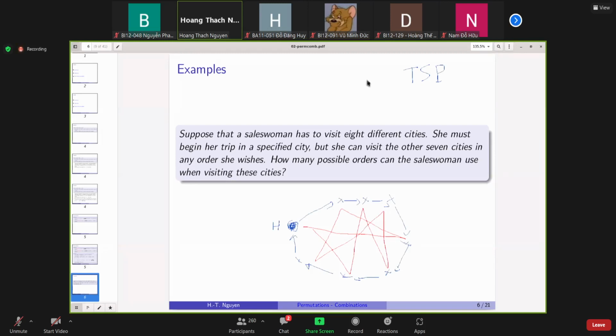Okay, so you can see that if we list the cities in the order of visit, then you will have a permutation of the cities. Of course, the first city, the home city, is fixed, so we don't consider the home city.